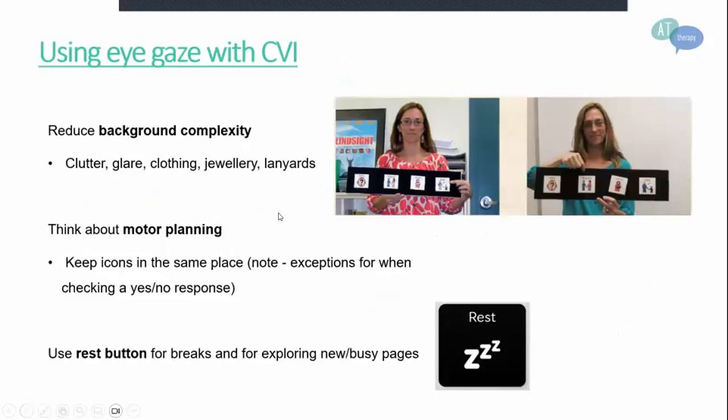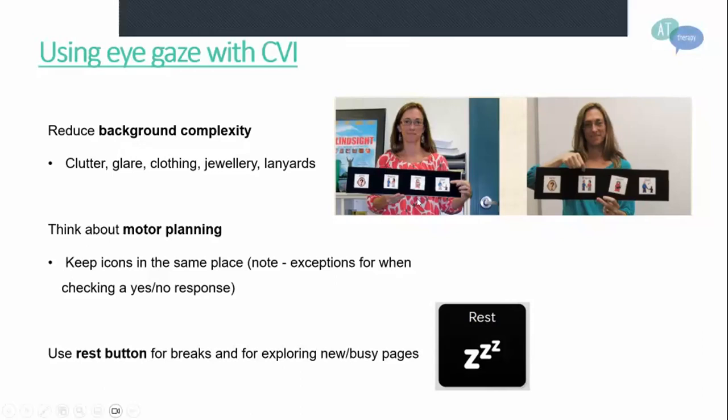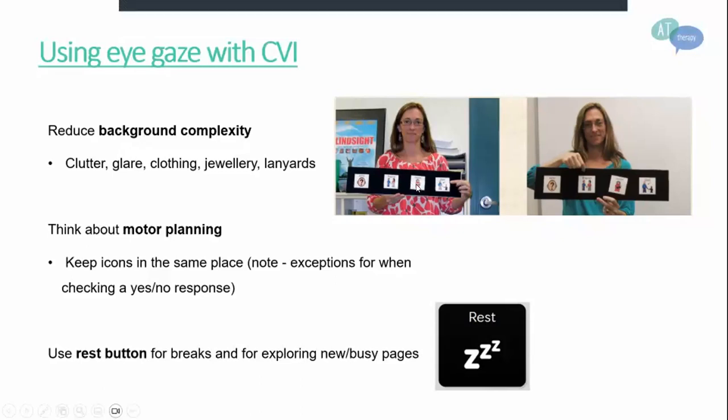Okay, so just using eye gaze with CVI a bit more on this. Something that's really important to consider is how visually cluttered things are, because that just increases the amount that they've got to do in terms of visual processing. So you can see this first picture here, this lady, she's got a nice patterned top on, she's got some earrings, she's in front of quite a busy background, and there's a bit of glare on those symbols as well.